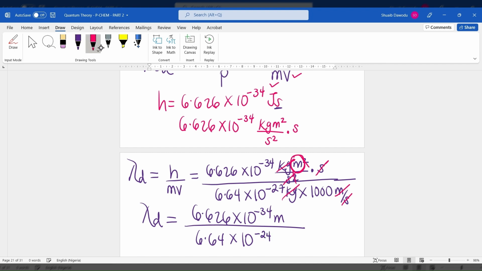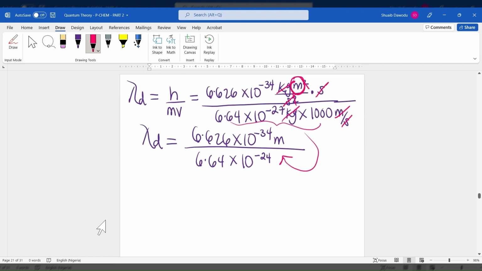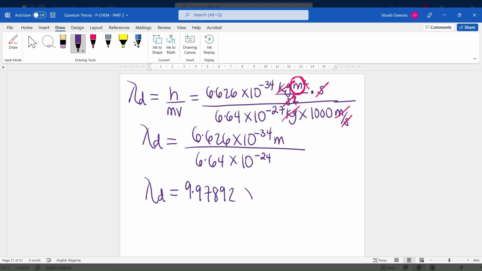So the denominator here is what I got here. So that's that. So now lambda sub d, when you input this whole information in your calculator, you end up with 9.97892 times 10 raised to the power of negative 11 meters.